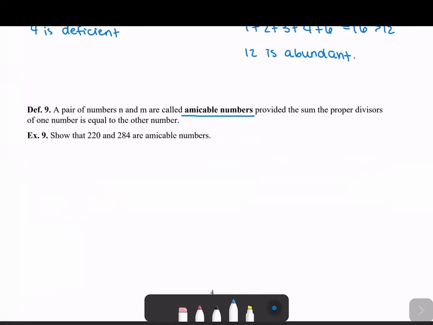So let's look at the factors of 220. We can talk through these divisibility tests really quick. It's divisible by 1, 2, not 3. It is divisible by 4. It's divisible by 5. It's not divisible by 6 because it's not divisible by 3.